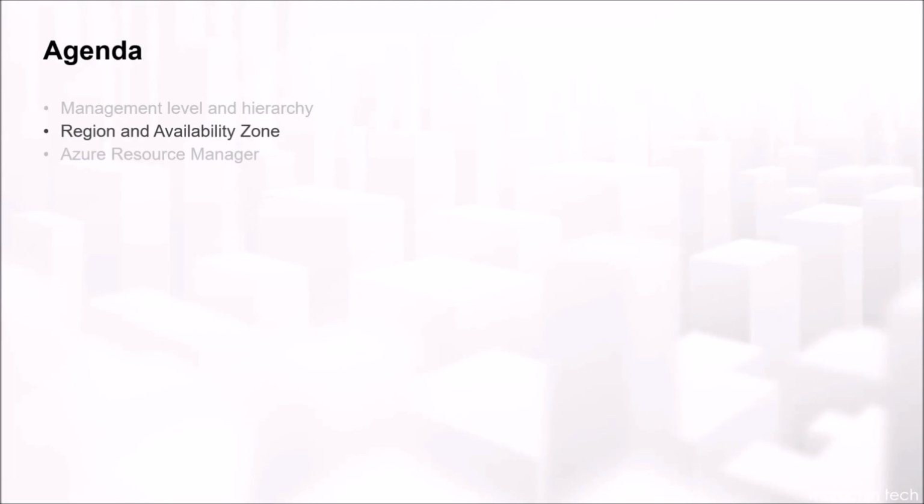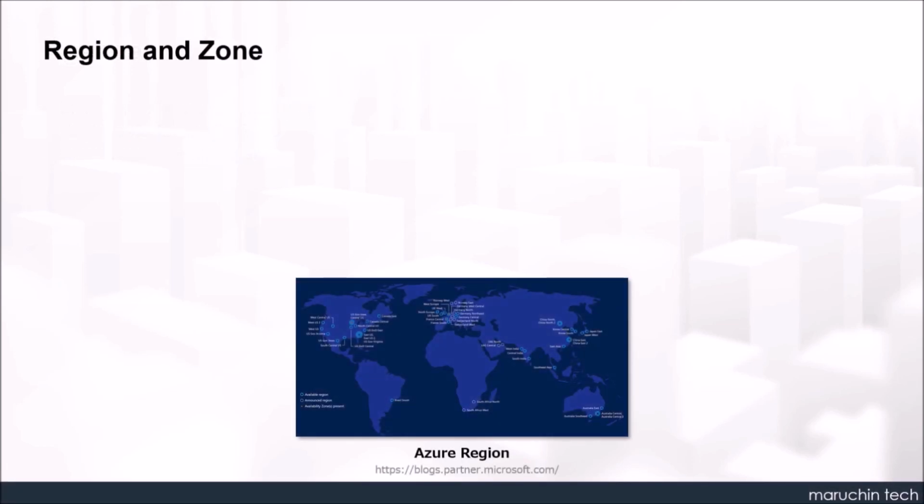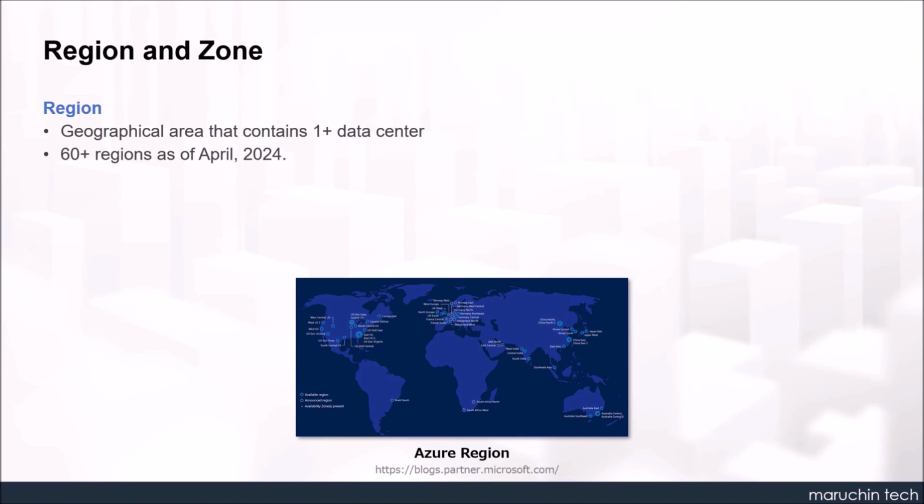And next one is region and availability zone. Regions and availability zones are very important concepts to learn about Azure. A region is a geographical area in which Azure provides services.